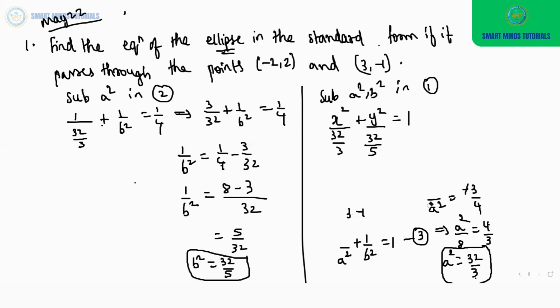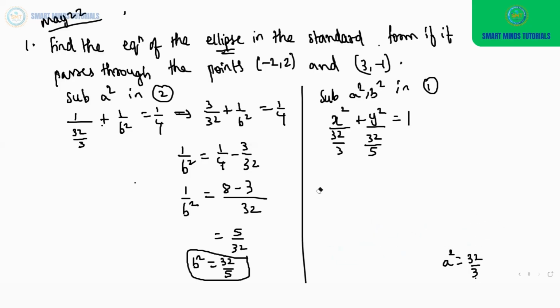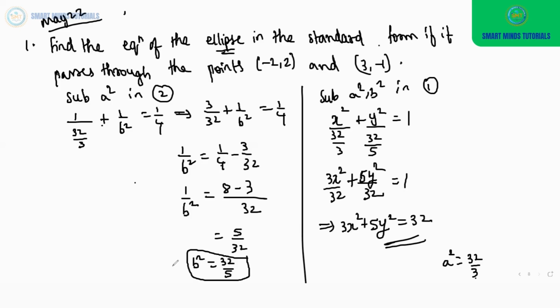If I take this up, we will get 3x square by 32 plus 5y square by 32 is equal to 1, or we can write 3x square plus 5y square is equal to 32. This is the ellipse equation.